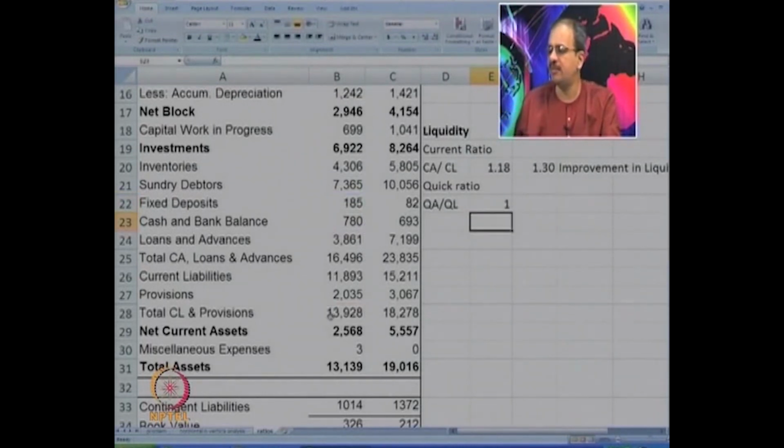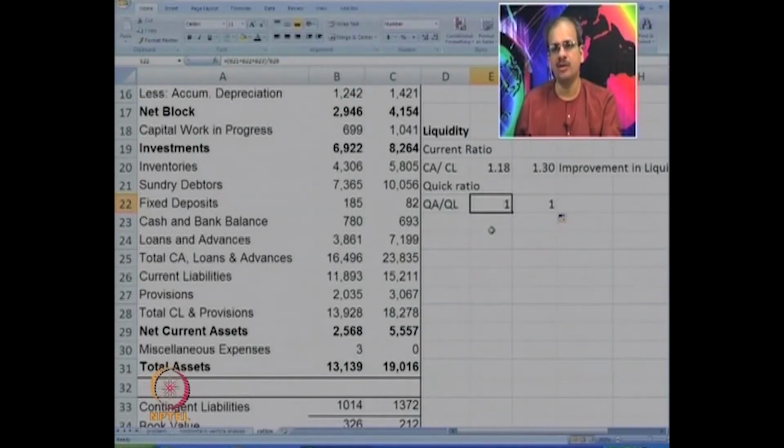There is no need to multiply it by 100, you exactly get the ratio as equal to 1. So, we have included B21, that is sundry debtors, then fixed deposits and bank. This total is divided by B28.